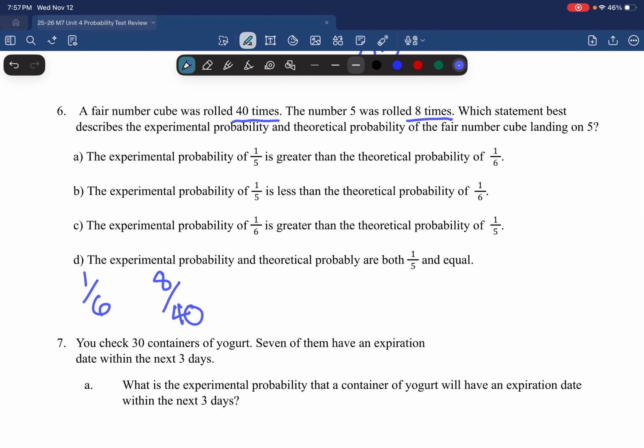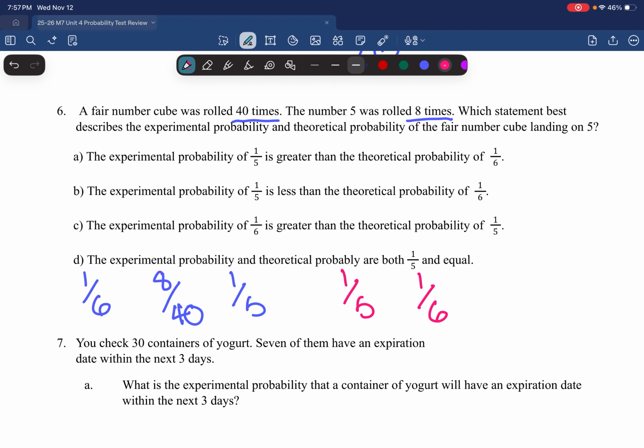Yes, because they're both divisible by 8, so you get 1/5. So we're looking at 1/5 and 1/6.